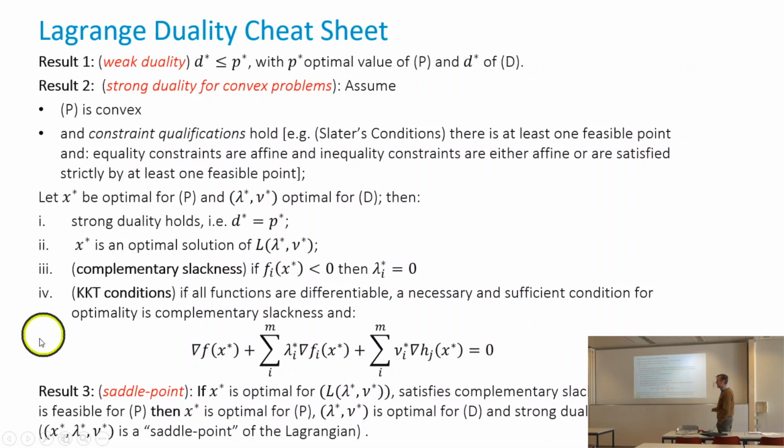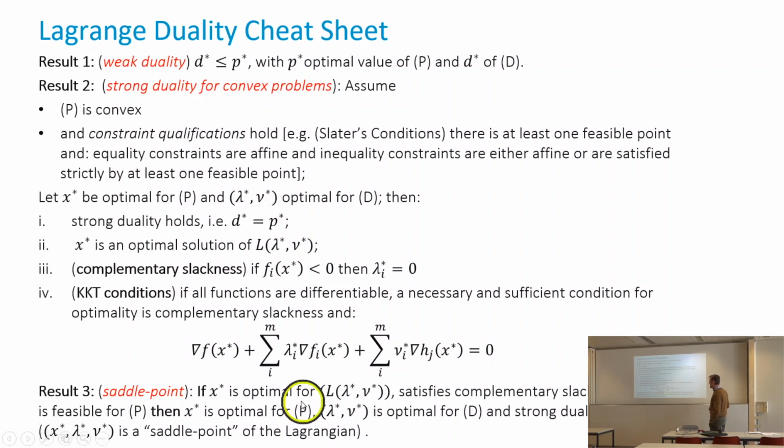Then there is a completely different type of result, which is called the saddle point result. If you try to solve at the same time two problems, you try to find x that is optimal for some problem where you've removed the constraint. You take the Lagrangian of the problem, you replace the cost function by the Lagrangian, and you solve the problem with this instead of the original problem.